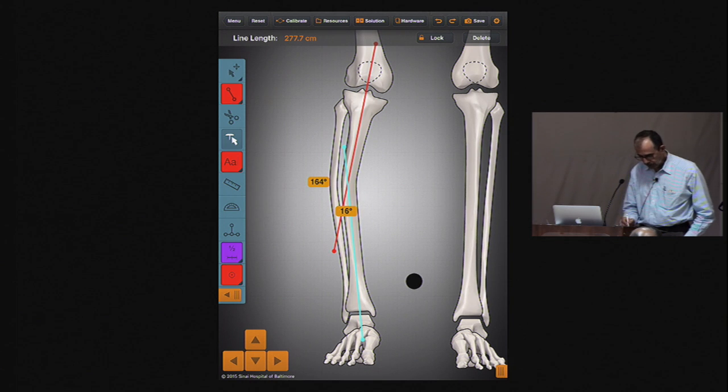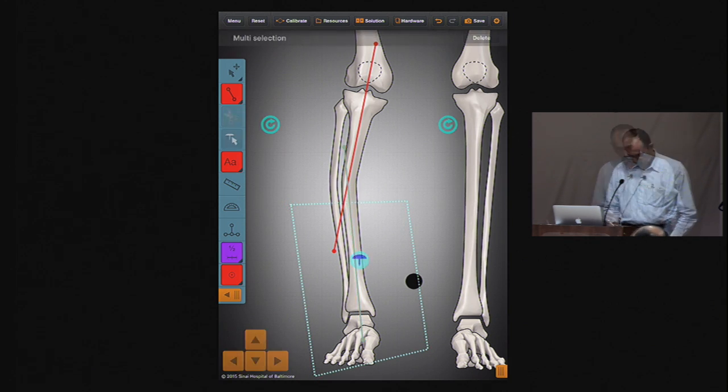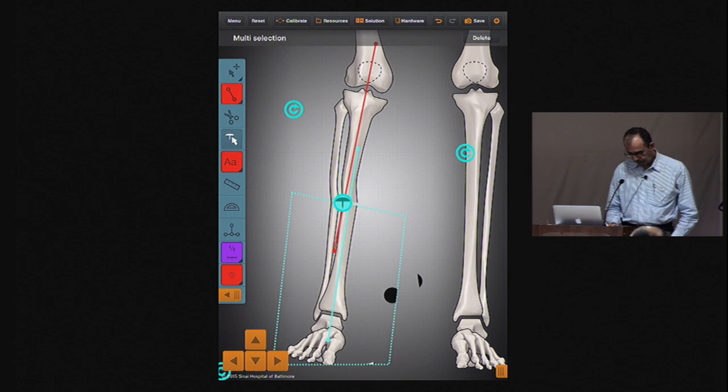So, I will do the osteotomy a little lower down through skin which is normal. Okay. So, we then do the osteotomy over there.